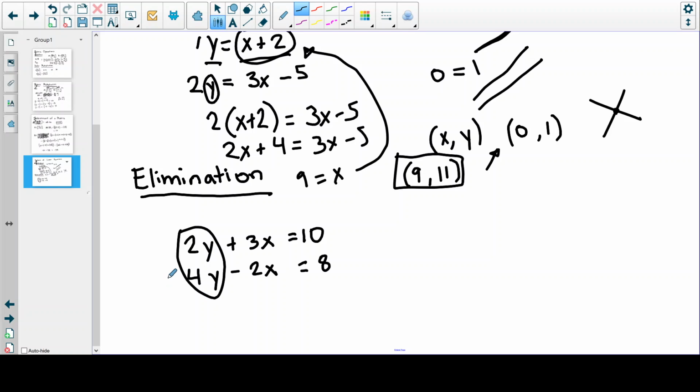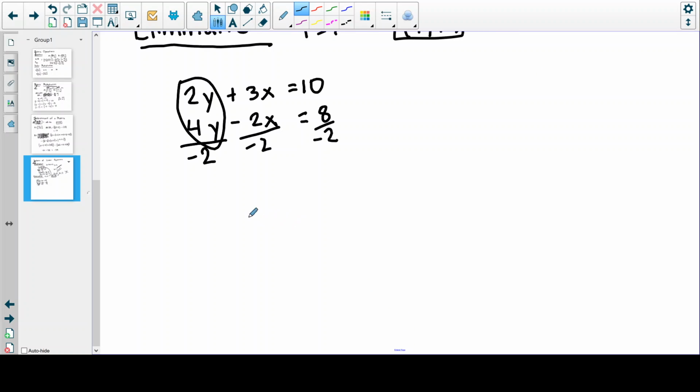So I'm actually going to divide the second equation by -2. If I divide every term by -2, just to keep the numbers small, then I end up with this new system of linear equations.